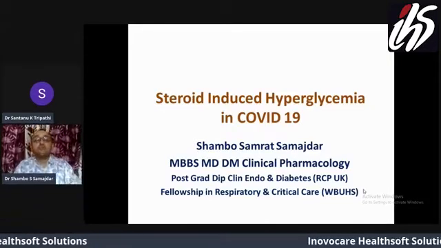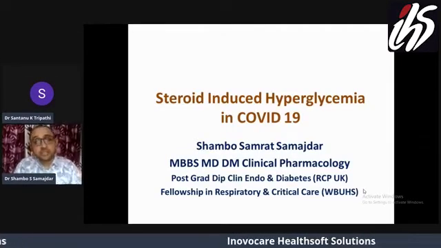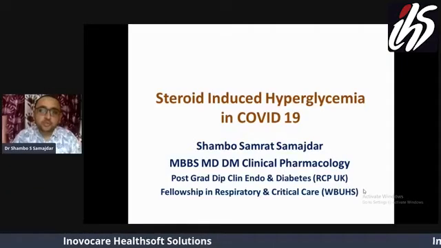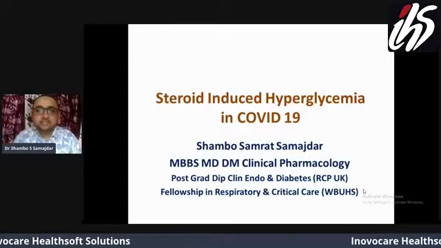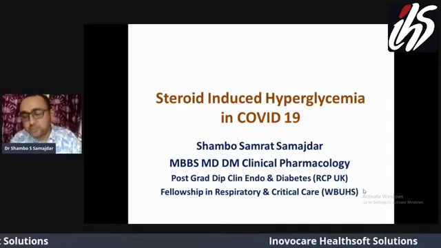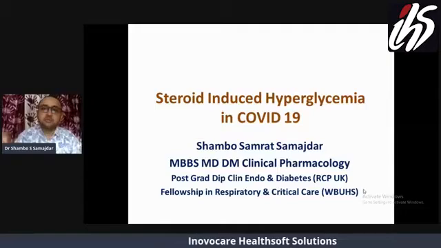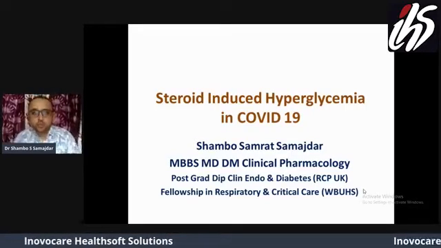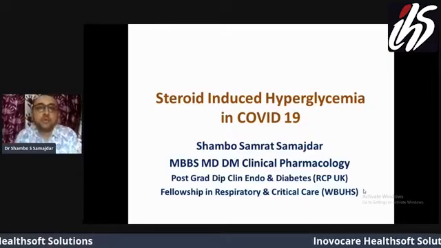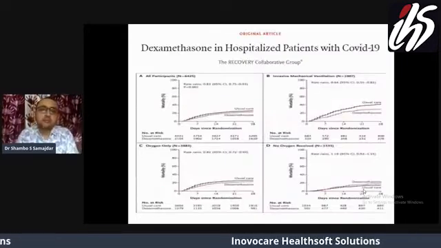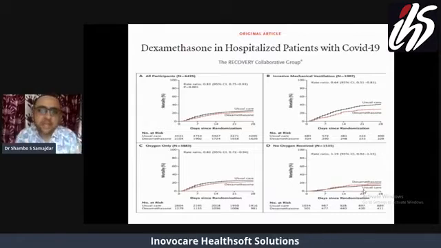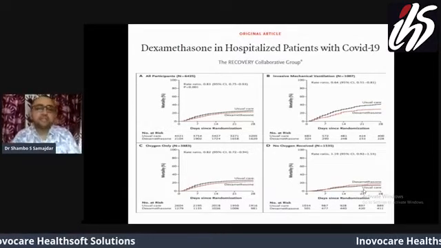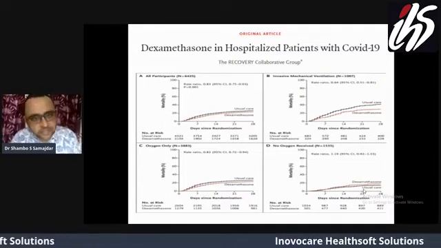And for that, there is no alternative to another two DM, that means dexamethasone and methylprednisolone. So we need some concrete evidence-based guideline to manage this milieu. So without any delay, this is why we require dexamethasone in treating our COVID-19 patients.